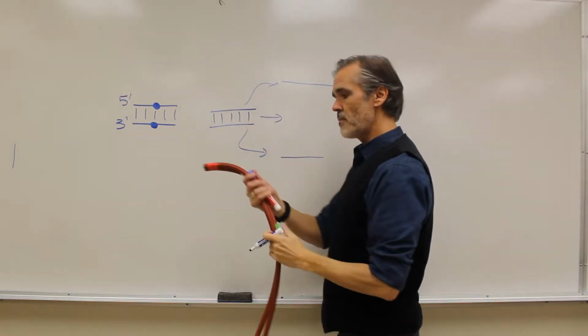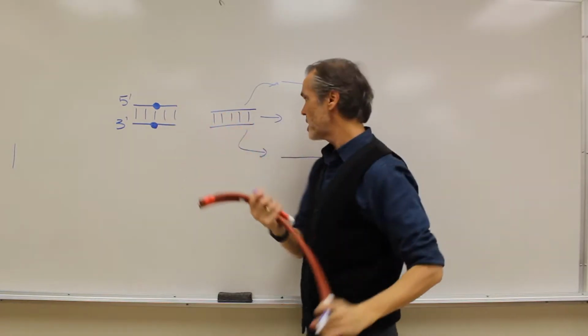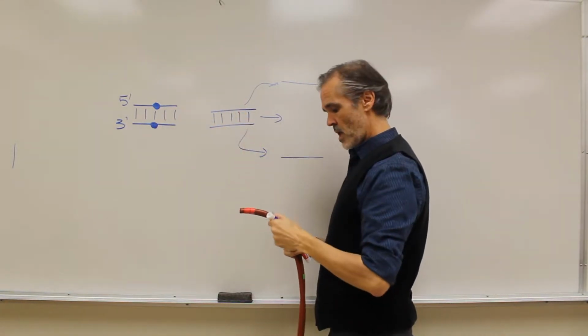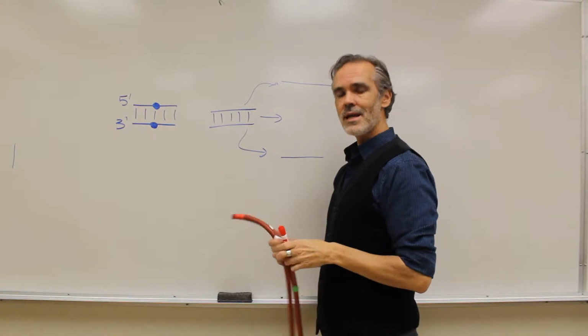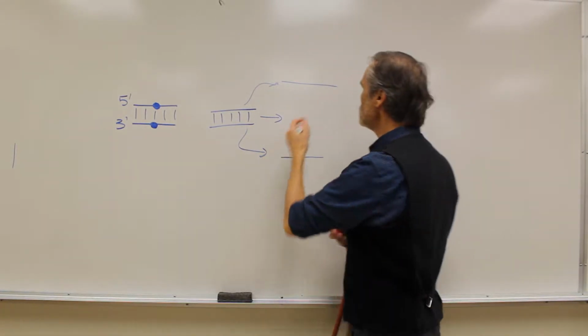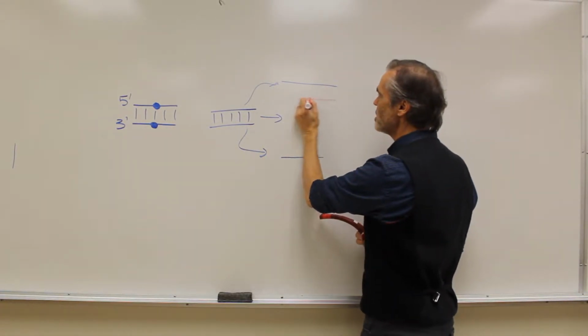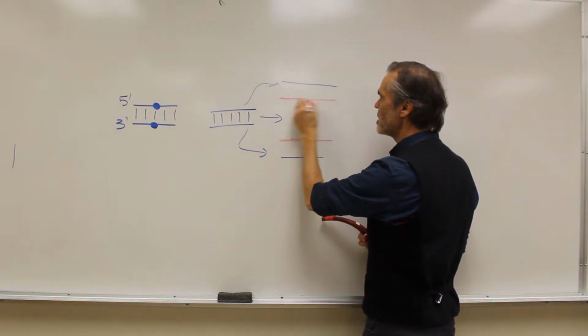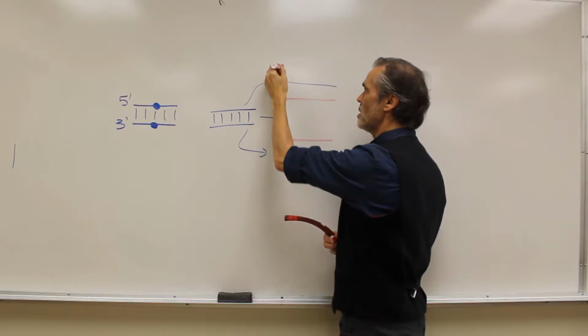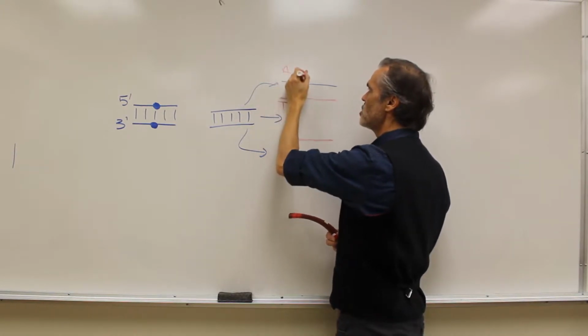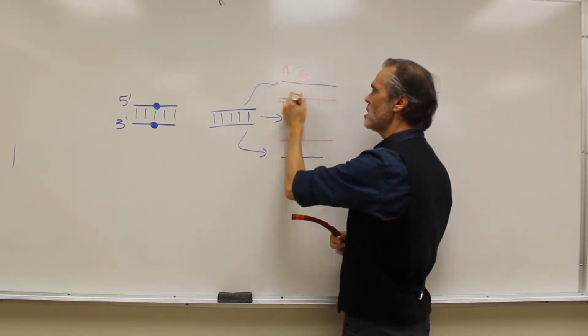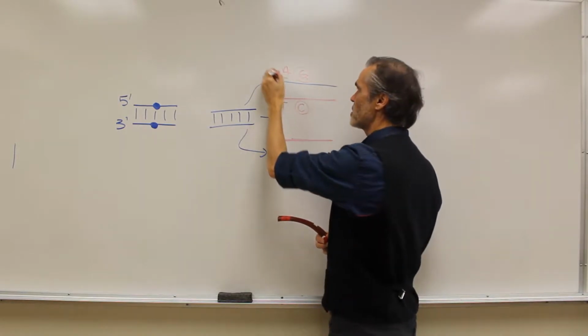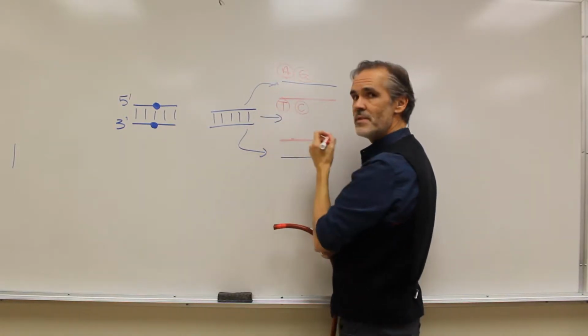So basically this DNA is being separated into two strands, and the cell is going to copy this strand here and include the other strand that is complementary to this one: A, T, G, C. Wherever there's a G, a C is going to be added. Wherever there's a T, an A is going to be added.